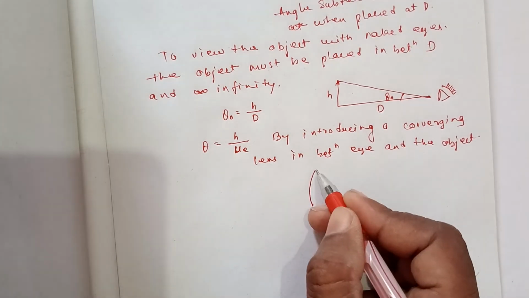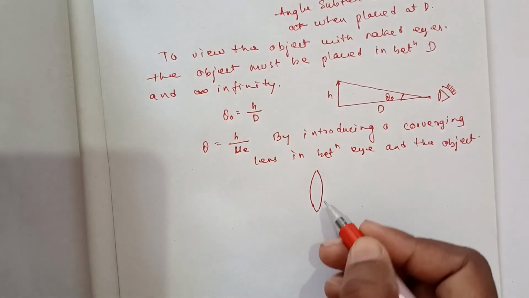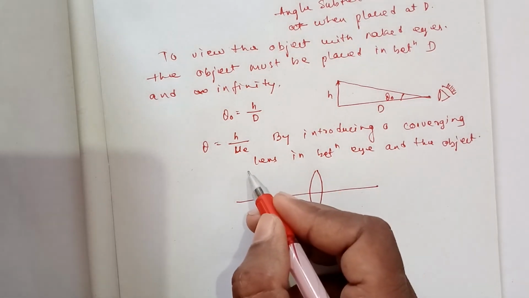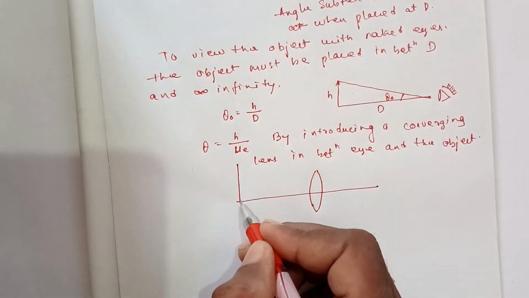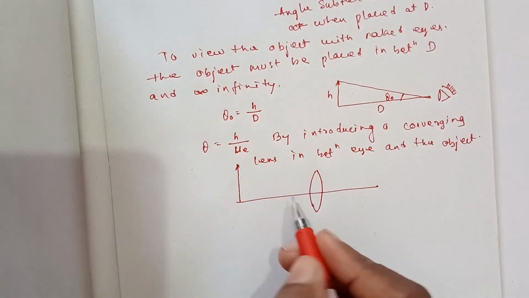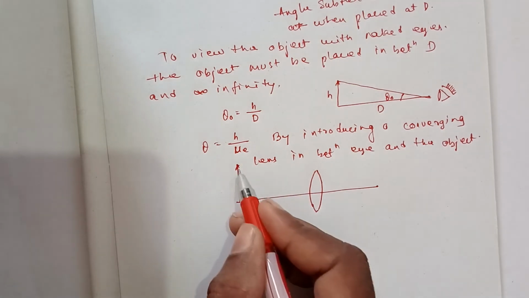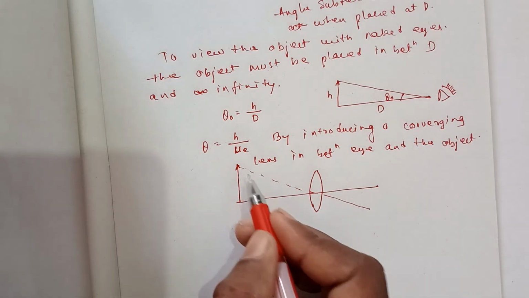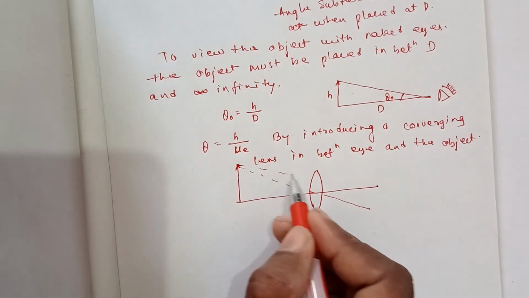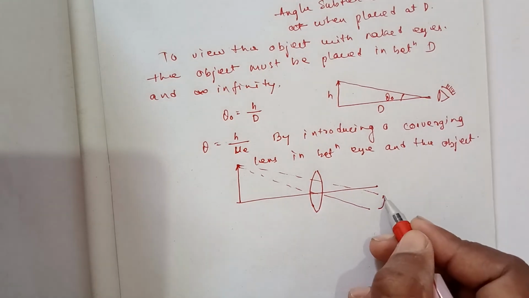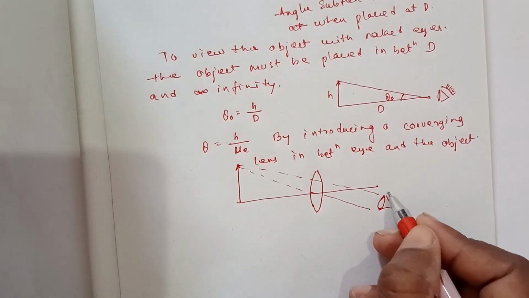This one is the converging lens, right? This one is the magnified image, and this one is the eye.